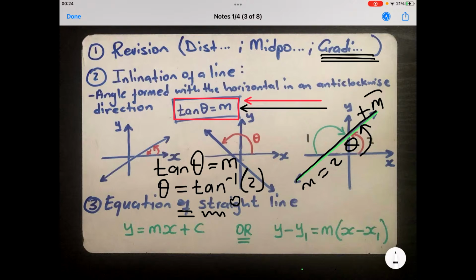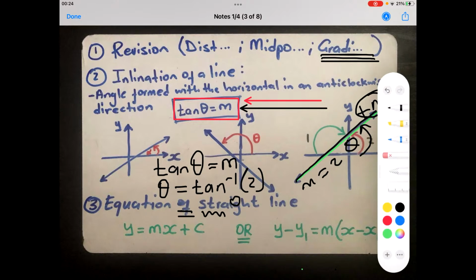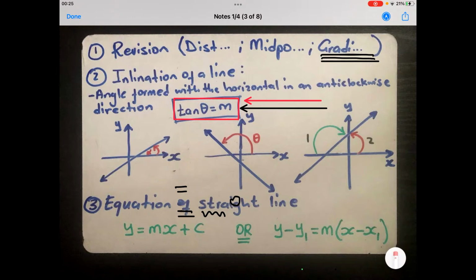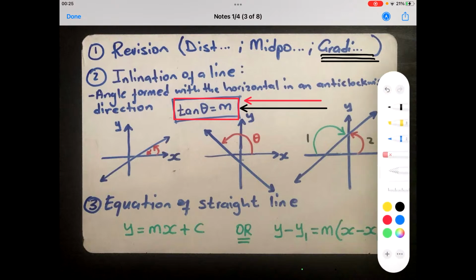Let's now have a look at how the calculation looks when you are dealing with a negative gradient, because it's a bit longer when you compare it with a line of a positive gradient. So just know that if the gradient is positive, it's quick and easy. So let's talk about that line having a negative gradient.